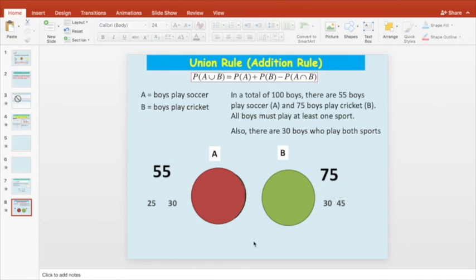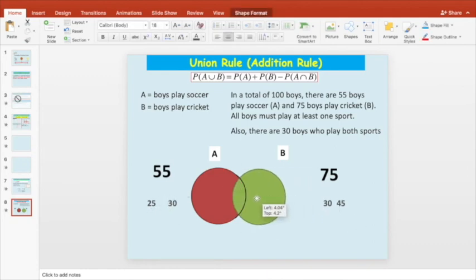Okay, so let's combine these two sets and plug in these numbers. I will put these two circles together until they intersect, because there is an intersection. Now let's input these first.